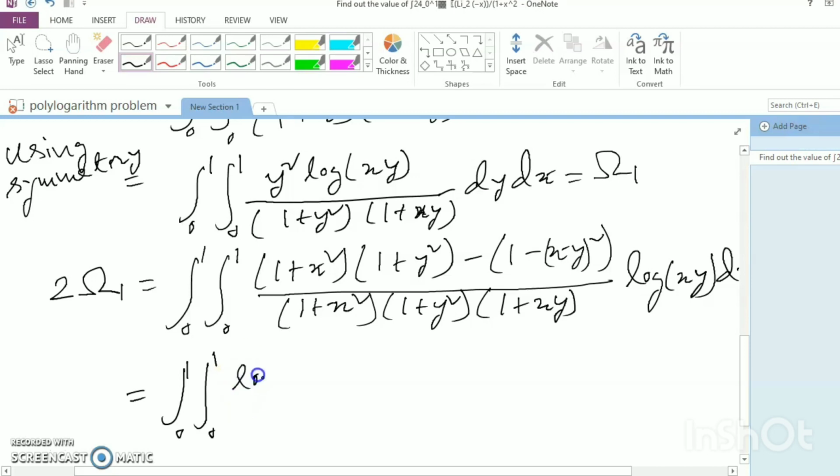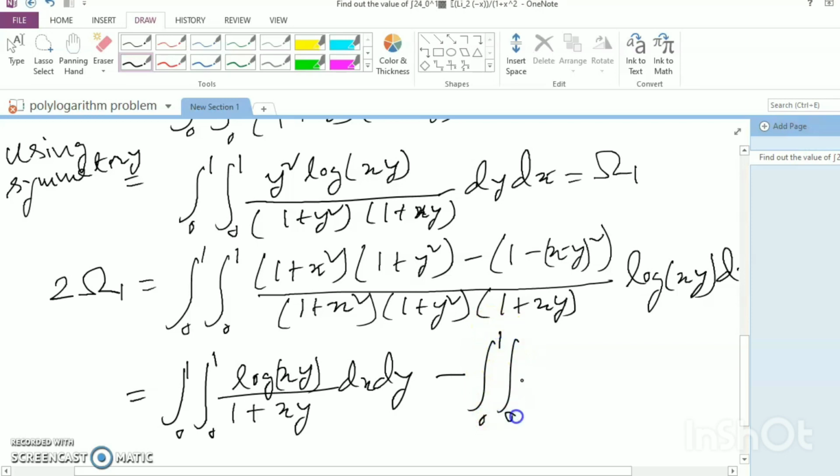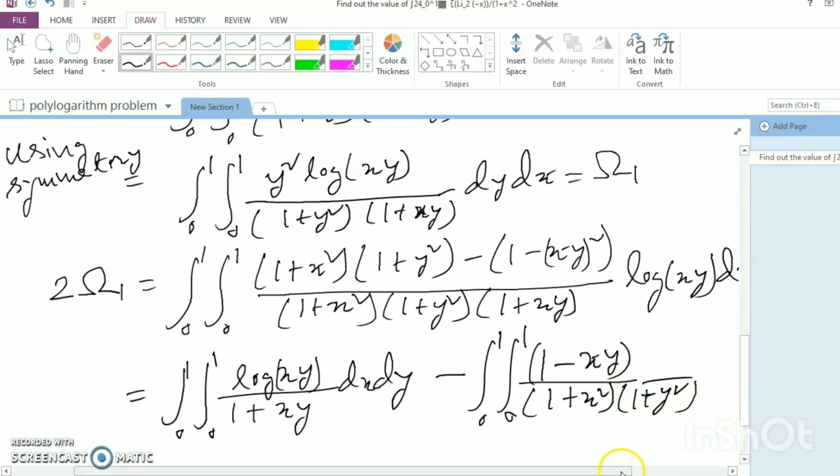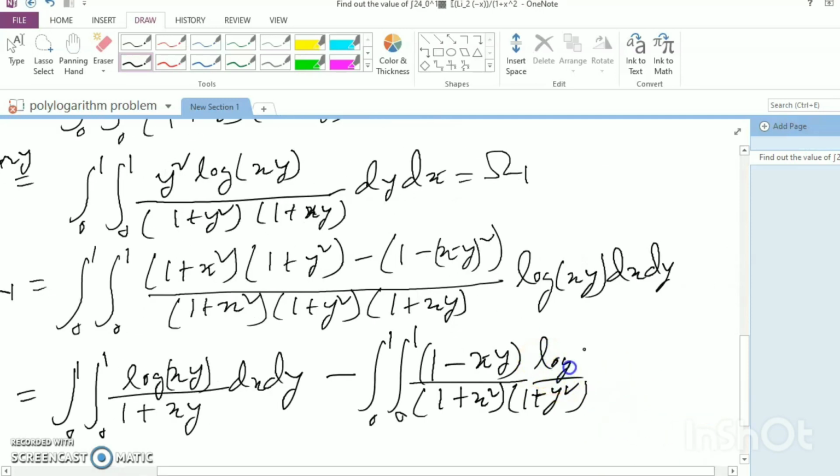So this value is log xy divided by 1 plus xy, dx into dy, and this value is 0 to 1 and 0 to 1, 1 minus xy divided by 1 plus x square, 1 plus y square, log xy dx into dy.